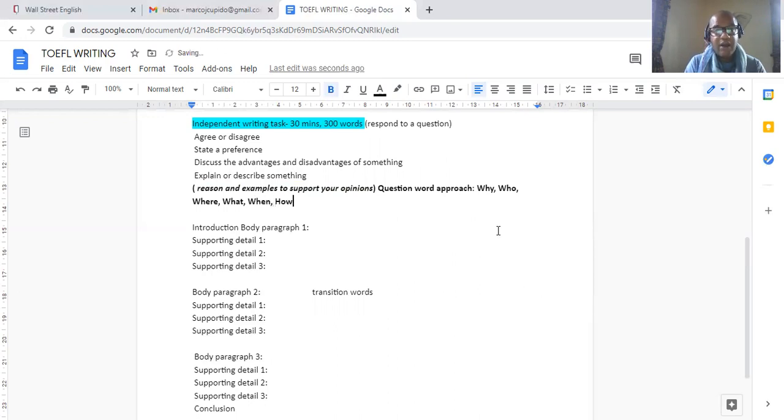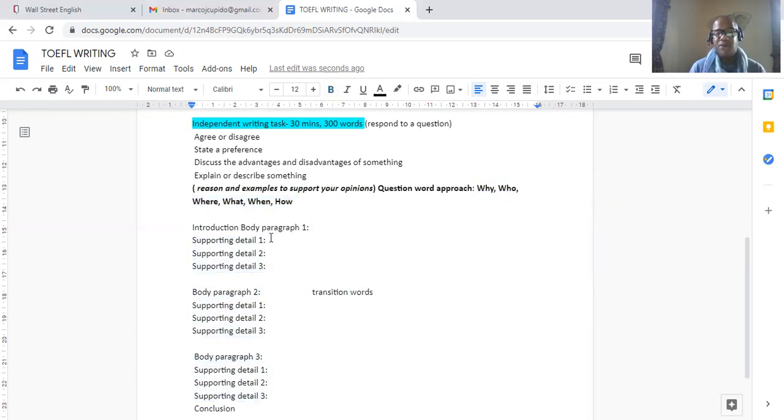And let's go to the how as well. Question word approach. If you are given a topic, make sure that you answer these questions. That will provide the materials that you have in your supporting details.